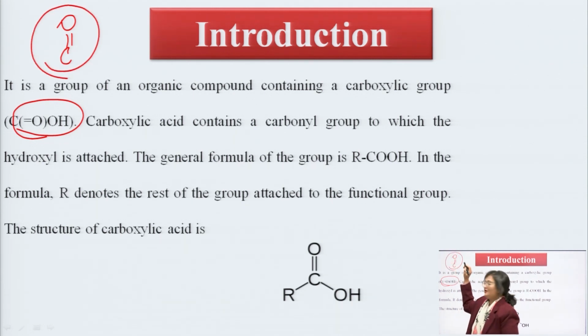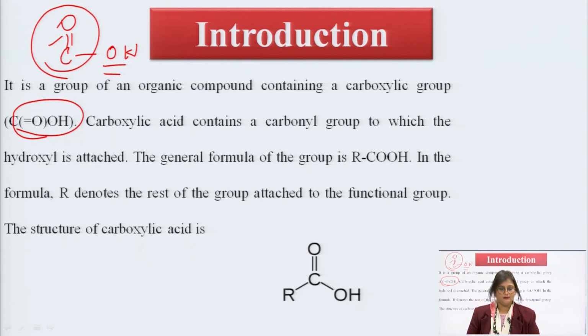Carbonyl is denoted by C double bond O, and hydroxyl is denoted by OH. As I said, carboxylic acid contains a carbonyl group to which the hydroxyl group is attached.